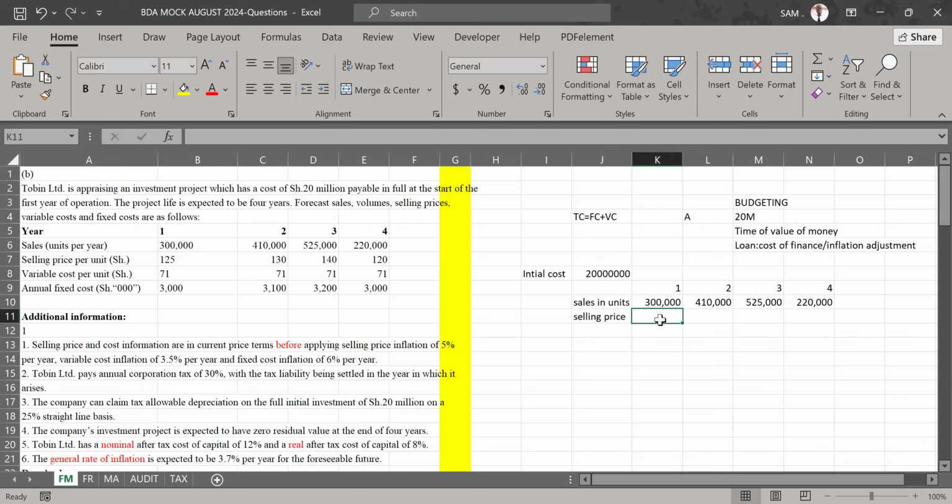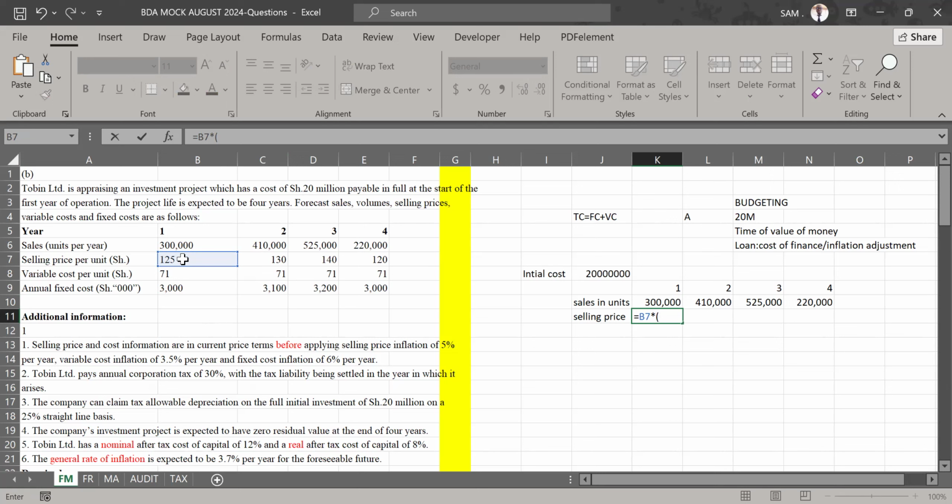How do we do it? Year 1, let us subject selling price to this adjustment of 5%. The selling price is 125 for year 1, as we can see. Then remember the way we were doing forecasting. It is the same format we are using. We are just applying a growth rate.